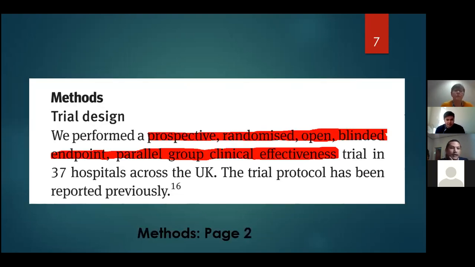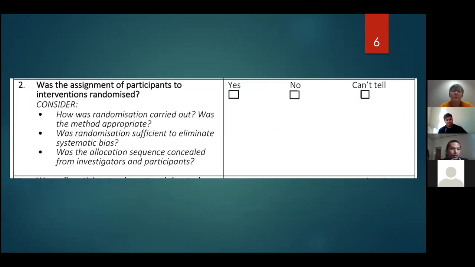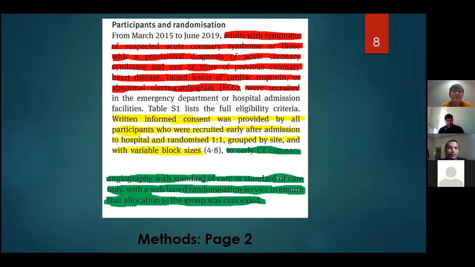Firstly, let's discuss the method used. The researchers performed a prospective randomized open-blinded endpoint parallel group clinical effectiveness trial. It was done across 37 hospitals across the UK. And so, going back to how the randomization was carried out and whether the method was appropriate.